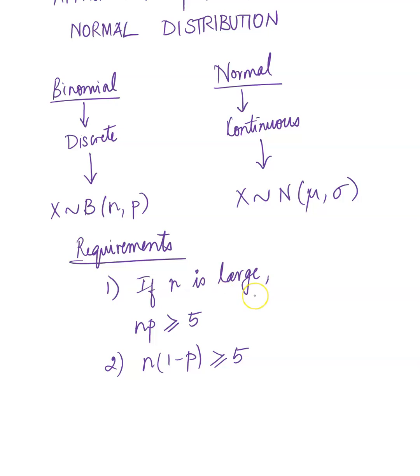So if n is large, that's where it matters. That's when you really want to approximate, right? If it's small, it's manageable, because a binomial table is very limiting. We didn't use a manual table, but you do have a binomial table. Because that is very limiting, approximating with a normal distribution allows for a more refined distribution that can accommodate more values. And that's possible only if your n is large.